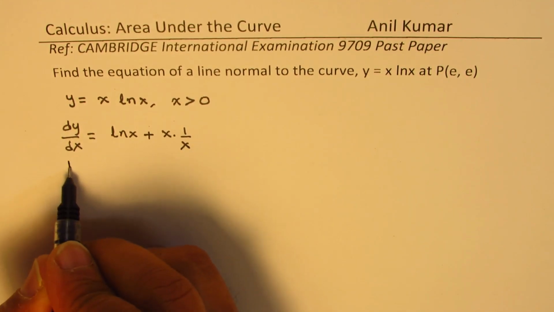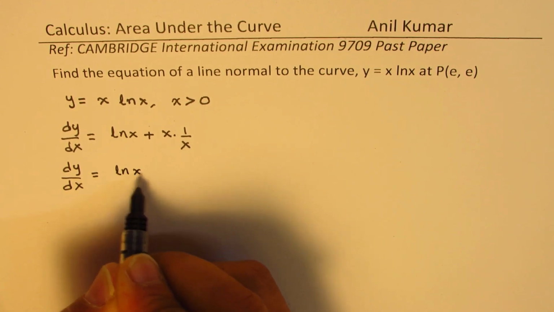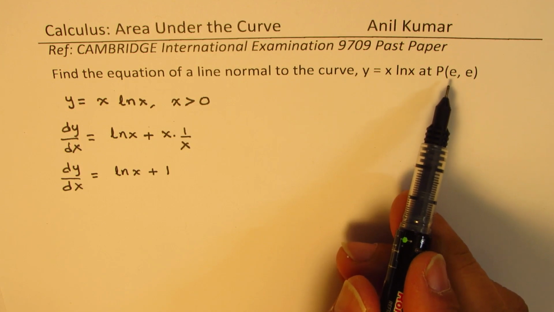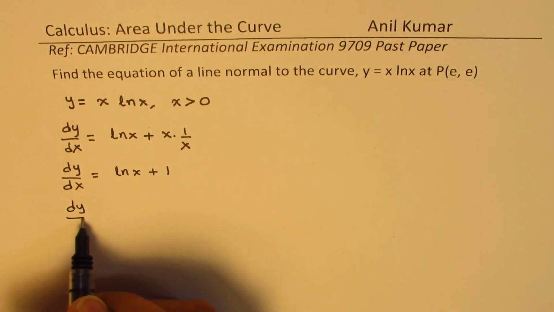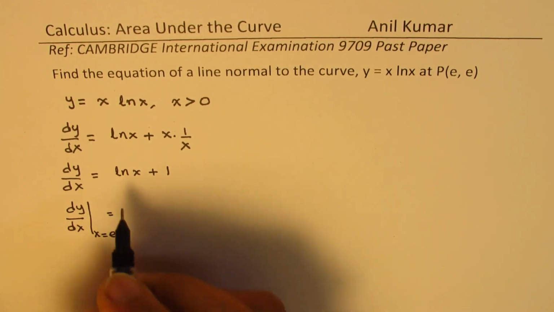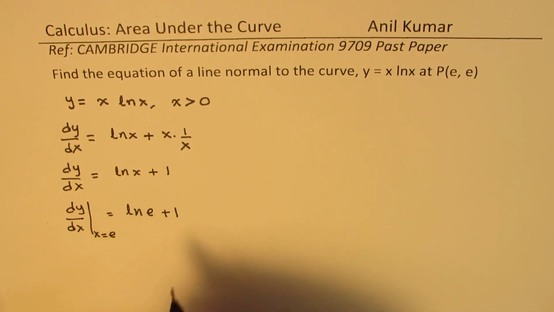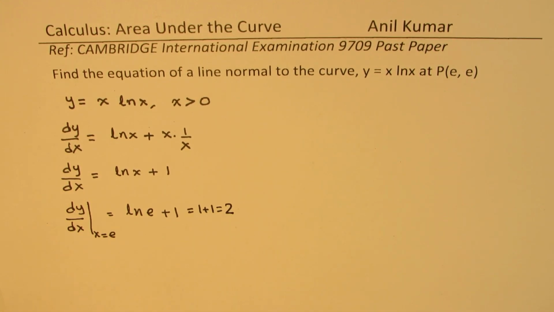So dy/dx is equal to ln x plus 1. Now we need to find this slope at x equals e. So dy/dx at x equals e is ln e plus 1. Now ln e is 1, so we get 1 plus 1, which is 2. That is the slope at that point for the curve.